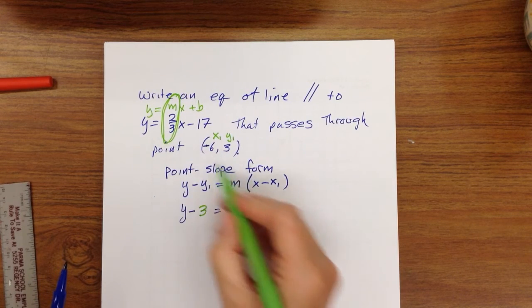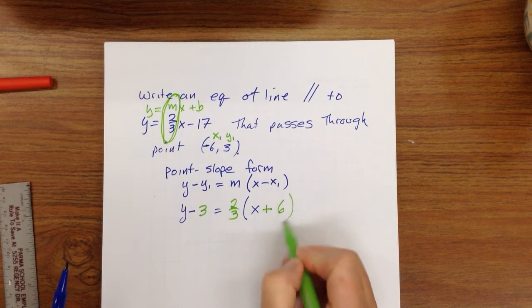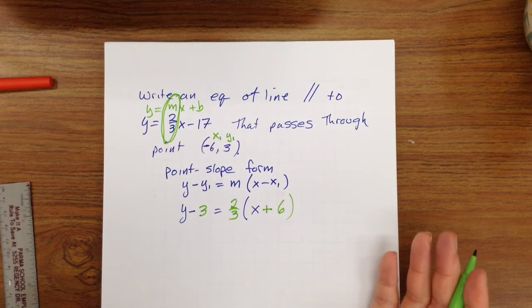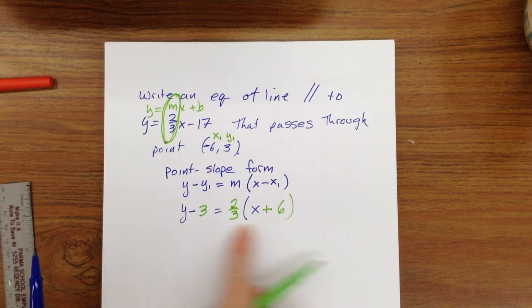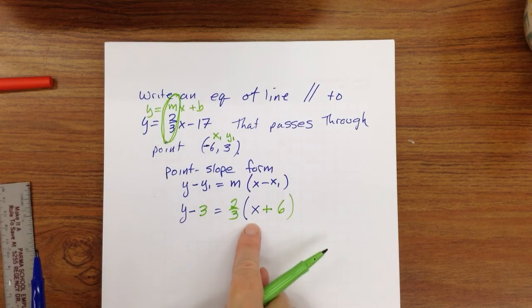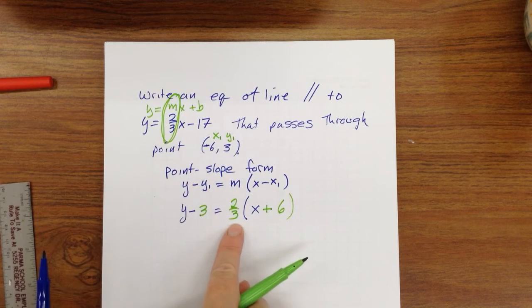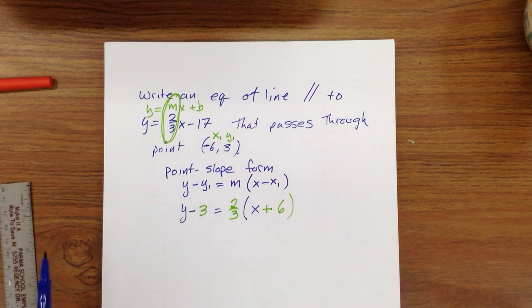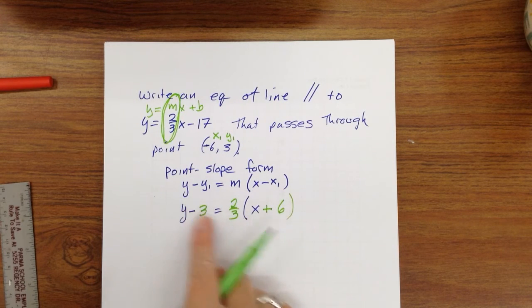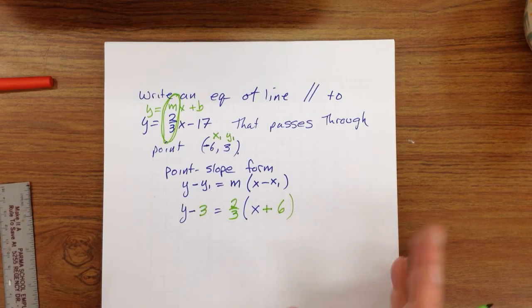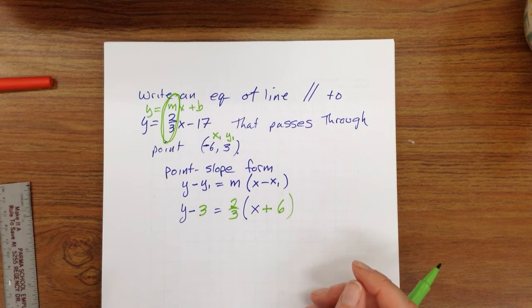Yeah, it's a plus, fill in the 6. I'm done. This is an equation that describes that line. It's parallel to this one, notice they have the same slope, and it has the correct point value in it. Now, if you want to get all fancy schmancy, you could distribute and you could move the -3 to the other side and turn it into slope-intercept form, but I don't feel like you have to.